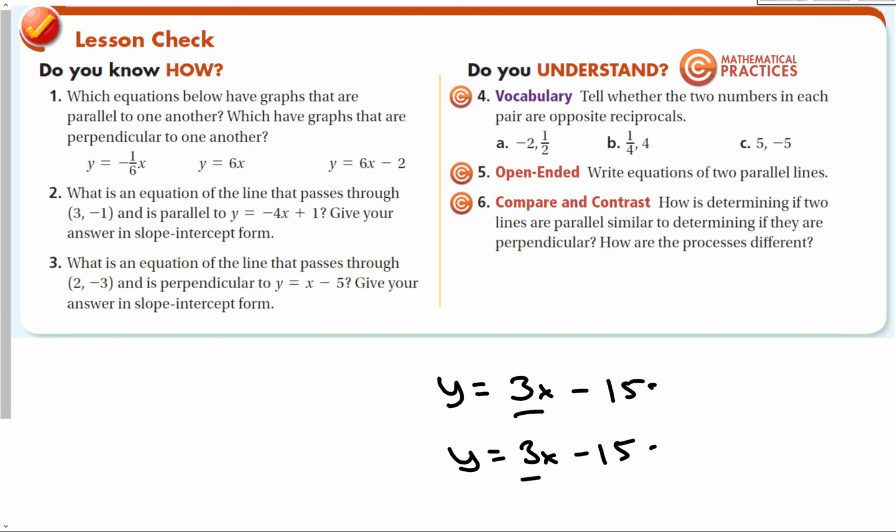It is not two lines, it's only one line. So as long as we have the same slope, the lines are parallel. For perpendicular, we're still going to put it in slope-intercept form and find the slopes. If they're opposite reciprocals, we have perpendicular lines. And that is 5-6, parallel and perpendicular lines.